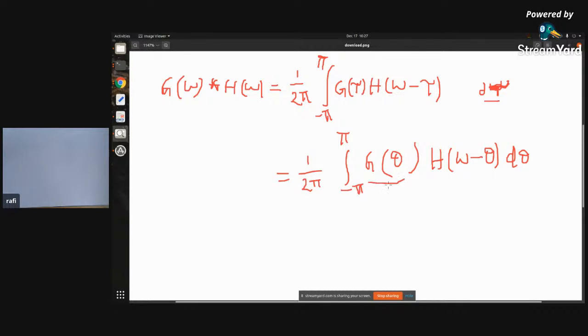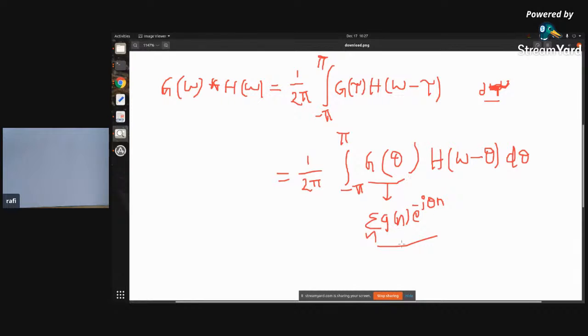Now in the place of G of theta, you substitute summation g of n e power minus j theta n. What do you need to substitute here? Theta, because here the frequency variable is omega, so here you need to put theta.